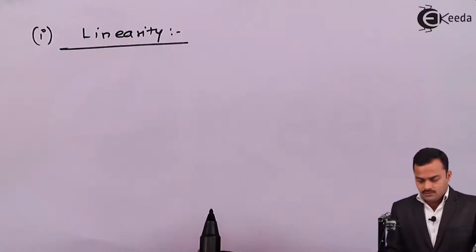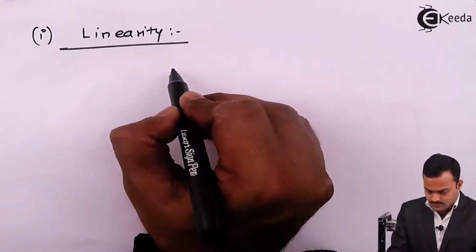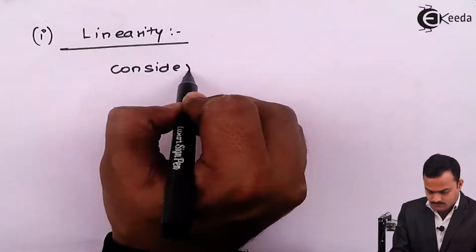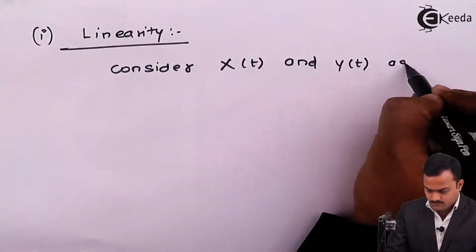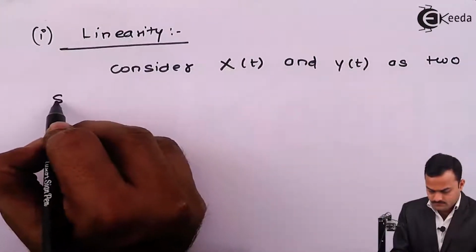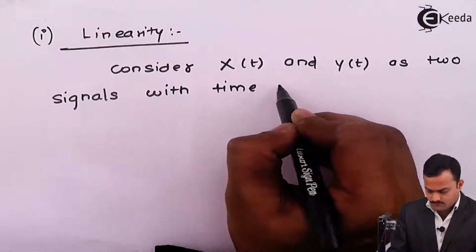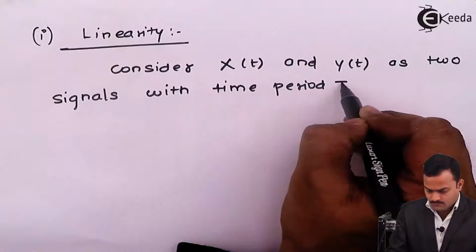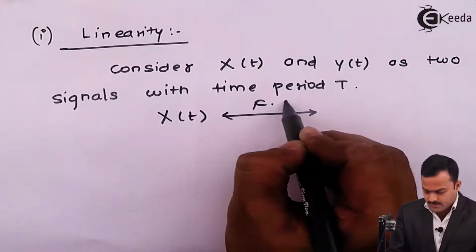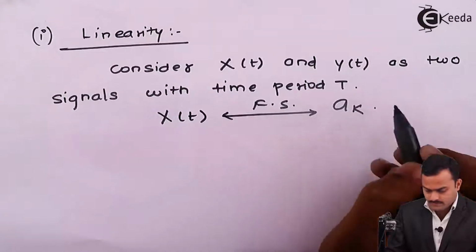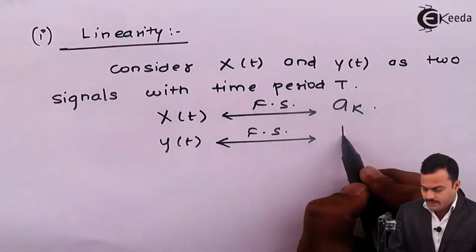It's quite simple. We are having two periodic signals, x of t and y of t, with the same fundamental time period T. Which can be represented like this: x of t, if we find out a Fourier series, it will give a Fourier series coefficient ak, and y of t, through a Fourier series we get a coefficient bk.